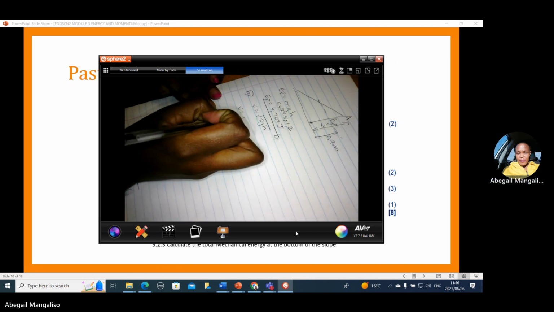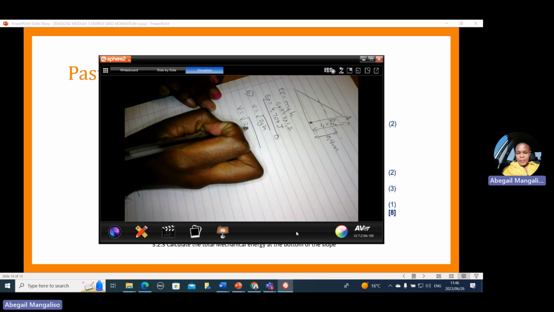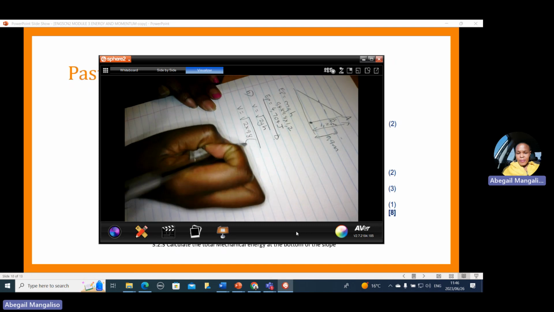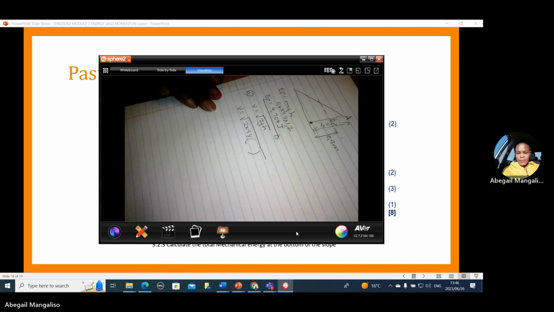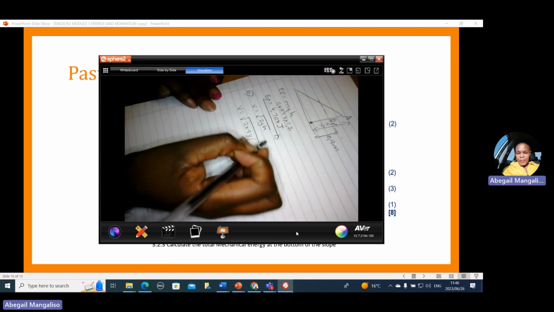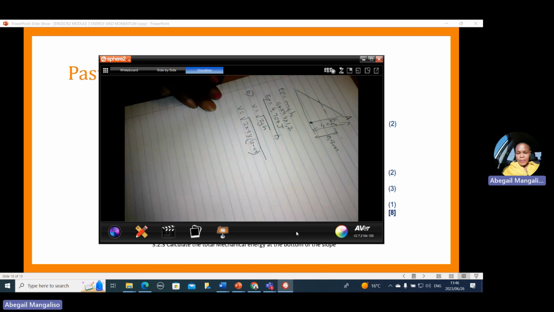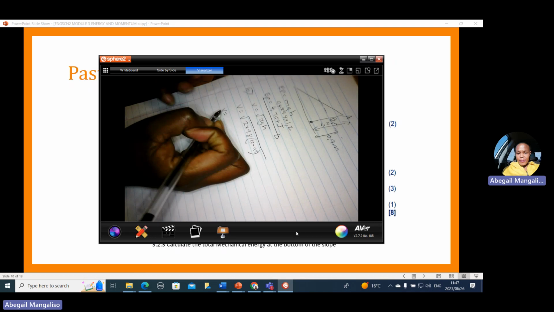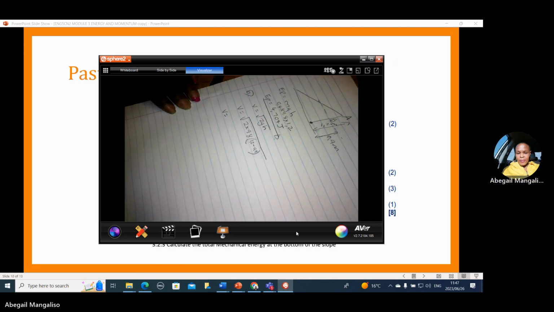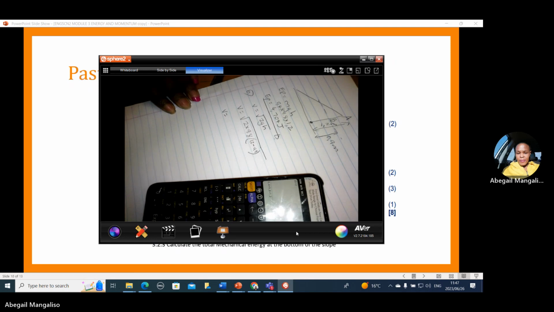So V will be equal to the square root of 2 multiplied by 9.8, then the height is the difference between the two, so it is 1.2 minus 0.9. You can calculate it aside and substitute h here, or we can do it in one equation. So let's get the value of V: square root of 2 times 9.8 multiplied by 1.2 minus 0.9.